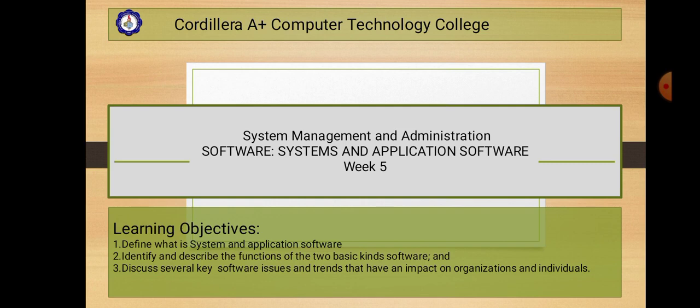So yan. Kaya pakiusap ko, if you have time, pag may mga free time kayo, please do watch our supplemental video, or pakinggan ninyo yung mga supplemental video kasi this will help you a lot, guys, to understand better the module or the topic or the lesson that we are discussing, or na meron dyan sa may mga module ninyo.